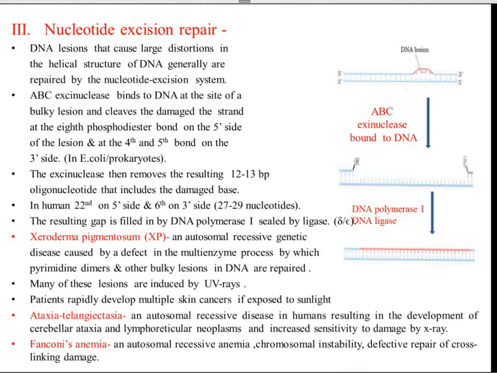Okay. Then there is another syndrome, Fanconi's anemia. Now this is also an autosomal recessive anemia, characterized by an increased frequency of cancer and by chromosomal instability.